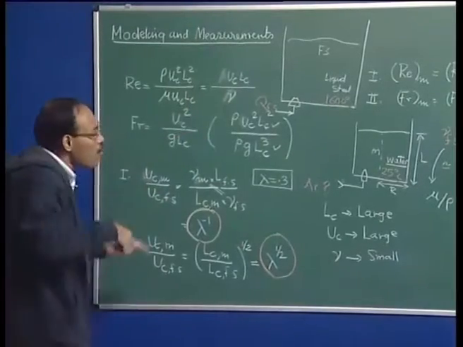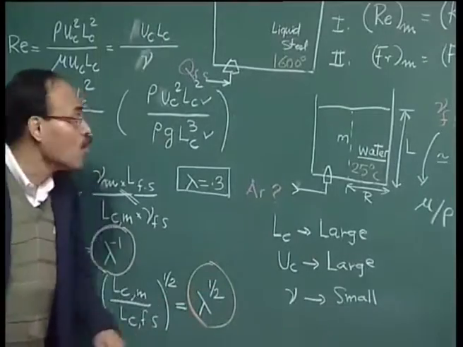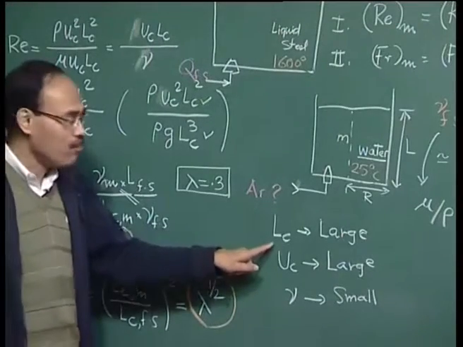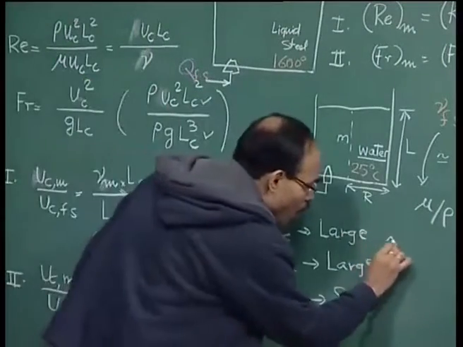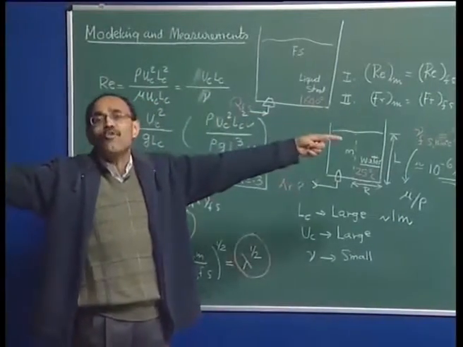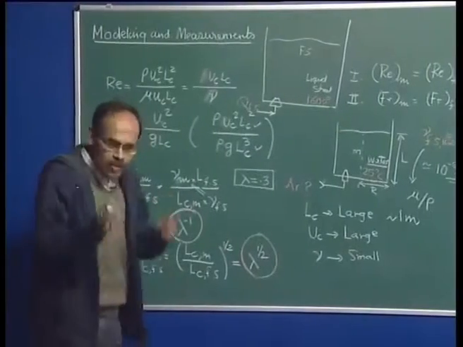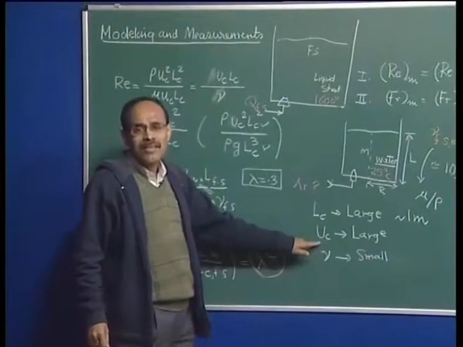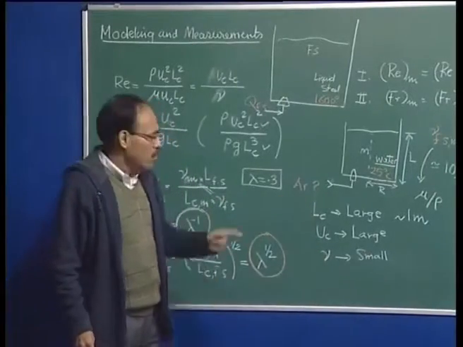Now, if we look at the order of these values, what could be the value of LC? Maybe of the order of 1 meter. That means the reactors are 3 meters, 4 meters in size, not 1 centimeter or 5 centimeters. Characteristic velocity is very large, depending on what you are talking about.